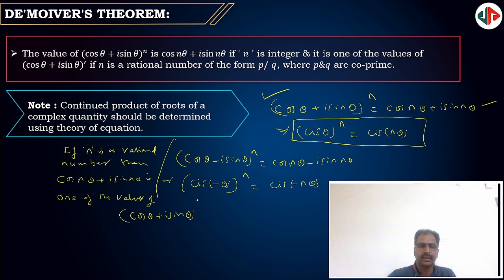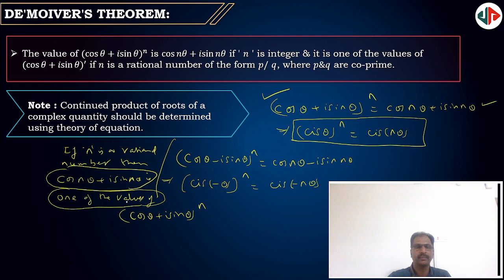Which means if n is an integer, it will have only one value, which is cos n theta plus i sin n theta. If n is a rational number, cos theta plus i sin theta whole power n will have so many values, out of which this is one of the values. This is only one of them.